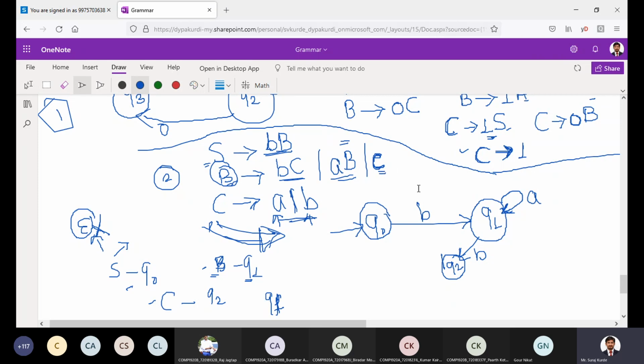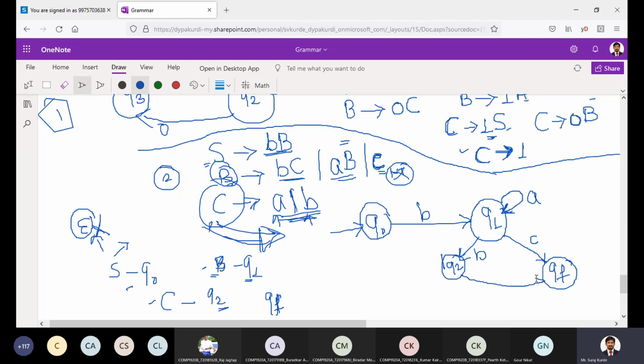On input small c, it goes to final state because there is no non-terminal. Non-terminal is absent, that means it goes to some final state. Let me write here QF, and input is small c. Then from capital C, that means state Q2, there is a transition. For these two transitions, there is no non-terminal on the right hand side. That means for any input A or B, it goes to final state.